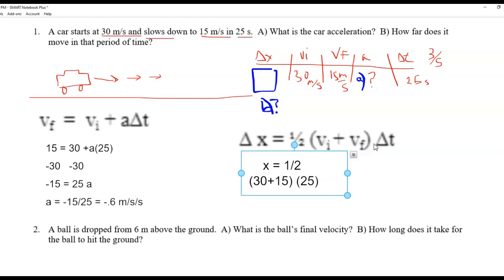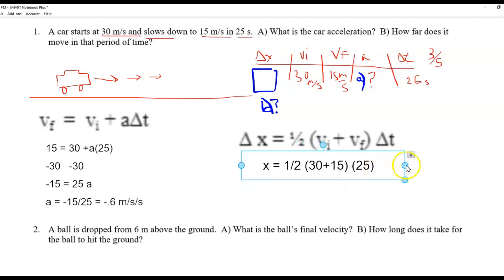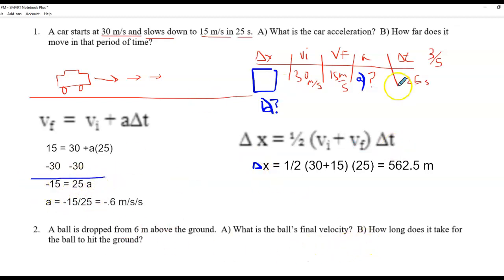So really it's just putting that expression in your calculator and finding a value for it. So that is equal to 562.5 meters if you put that in your calculator, and that's your displacement, which I'll just write as delta x. So there's the solution for problem number 1.